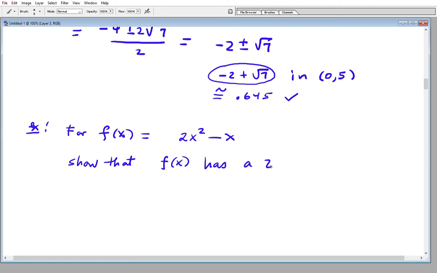In other words, f of x is equal to 0 in an interval. This is also another typical kind of problem.